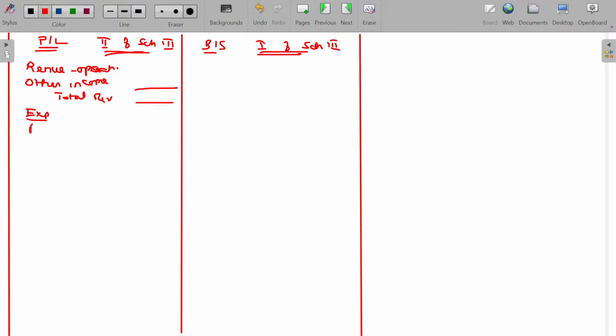Under that, purchases, changes in stock, direct wages, employee cost, and then finance cost, depreciation and amortization, other expenses.